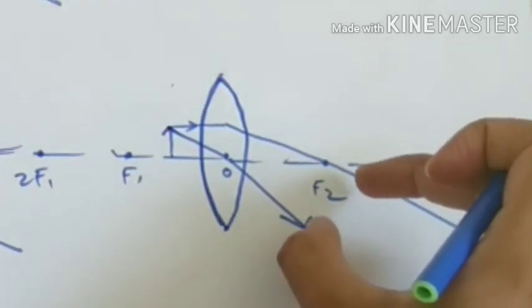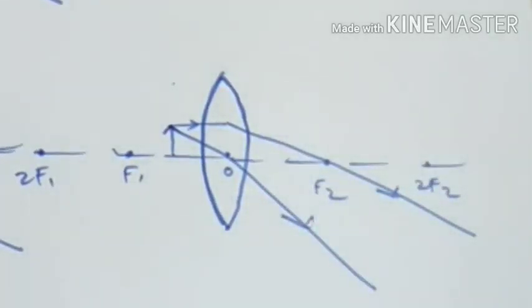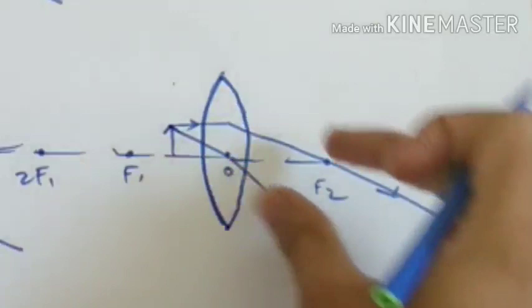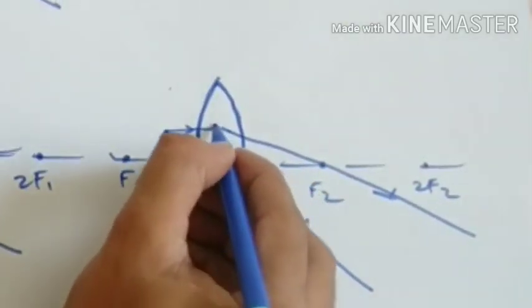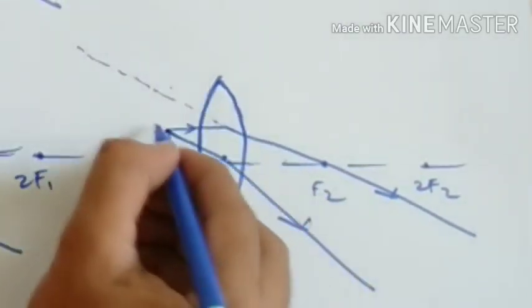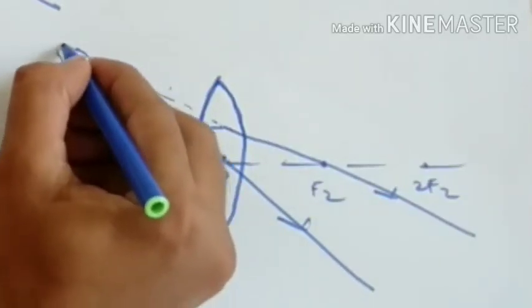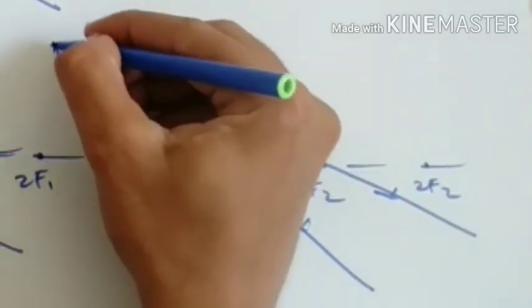Now we can see that these two rays are actually diverging from each other. In all other cases they seem to be converging on a point, but in this case they seem to be diverging and it looks like they are coming from a point behind. So we can trace these rays at the back, and this is where they seem to converge.